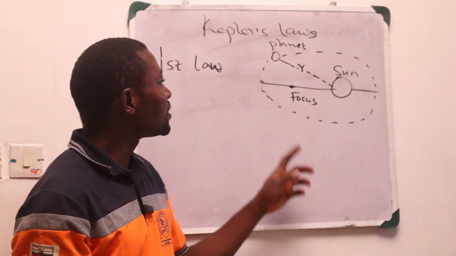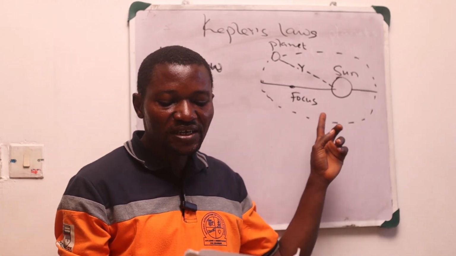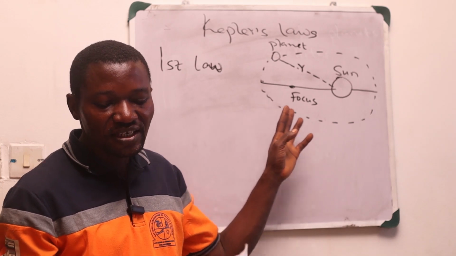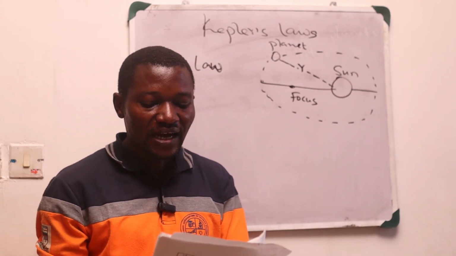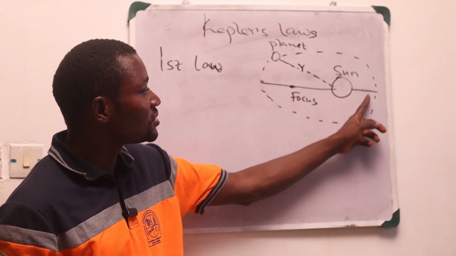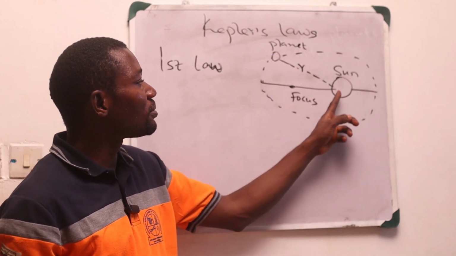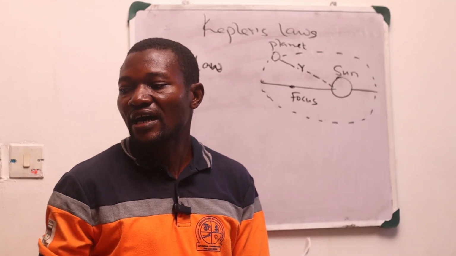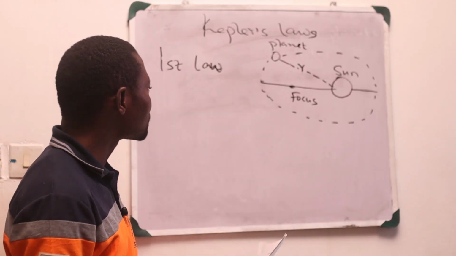So Kepler's first law of planetary motion states that each planet goes around the sun in an elliptical orbit with the sun at a focus of the ellipse. Like I just showed in the diagram here, the planet moves around, and at every point the sun is at a focus. That is Kepler's first law.